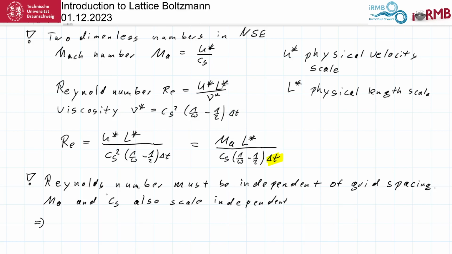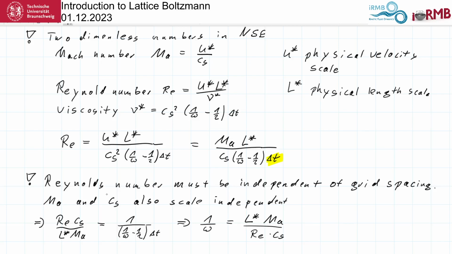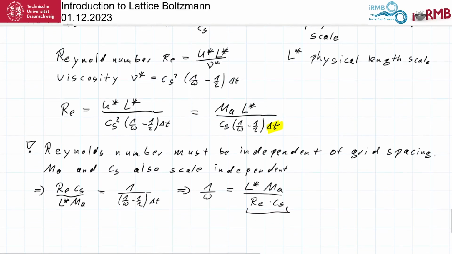So this means we could write this as Reynolds number times cs, multiplying this by L star Mach, and this is (1 over omega minus 1/2) times delta t, which we can translate into 1 over omega being equal to L star Mach number over Reynolds number times cs. So this here is obviously scale independent.